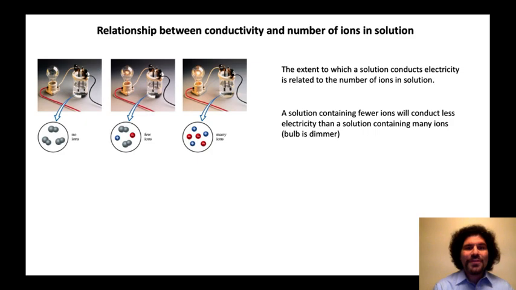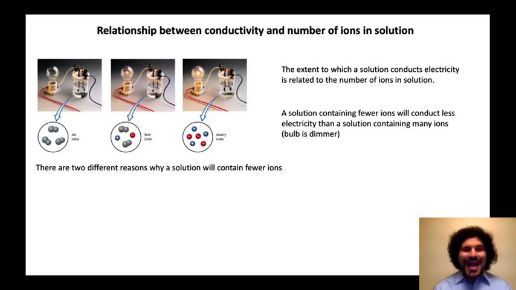So in the middle, where the light bulb is only being lit dimly, there are relatively few ions in solution, whereas on the right side, where the light bulb is lighting up bright, there are more ions in solution. And there are 2 different reasons why a solution will contain fewer ions.